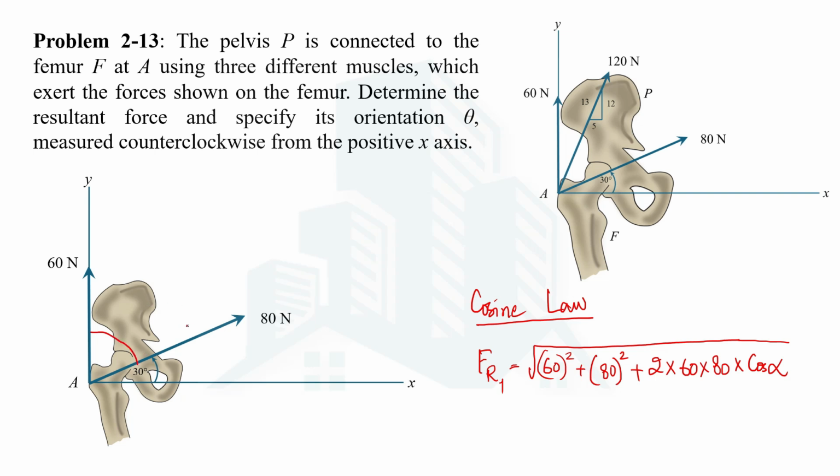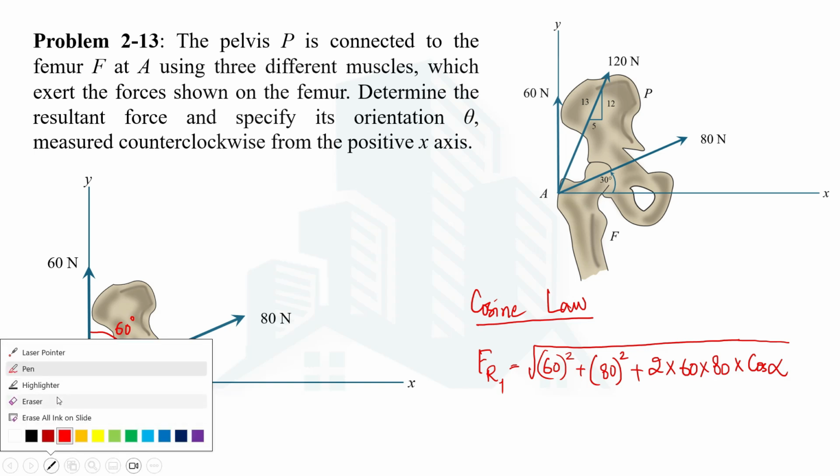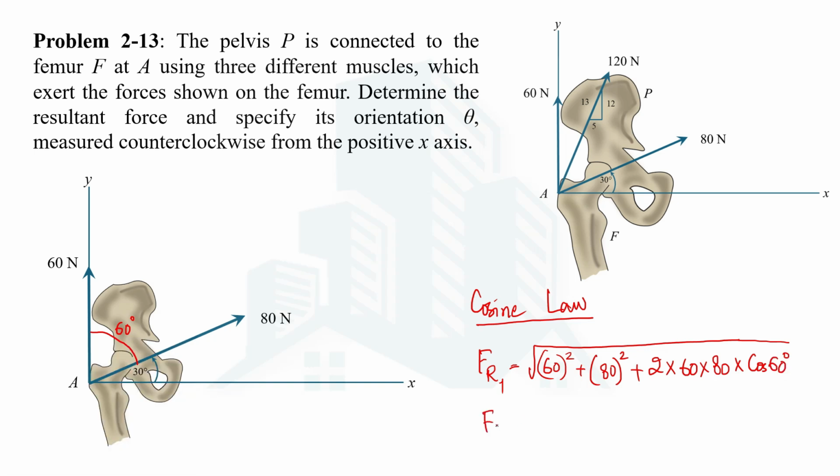We are not directly given that angle, but we know this angle is 30. So in order to have the total angle between x and y as 90, this angle should be 60 degrees. So the angle between them is actually 60 degrees. So instead of alpha, we'll just write 60 degrees here. So then on doing calculations, we are going to get the resultant of these two forces as 121.66 Newton.